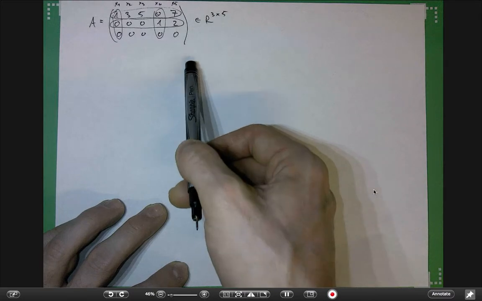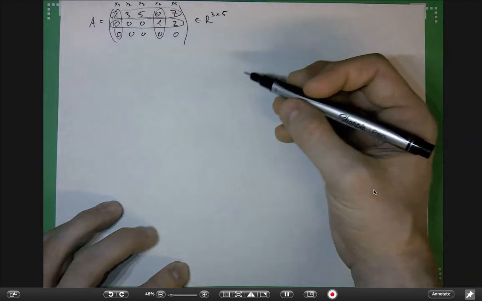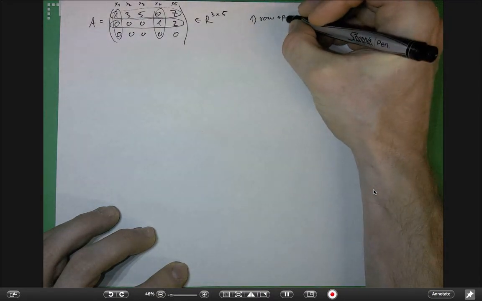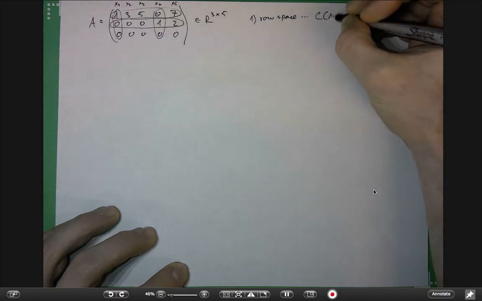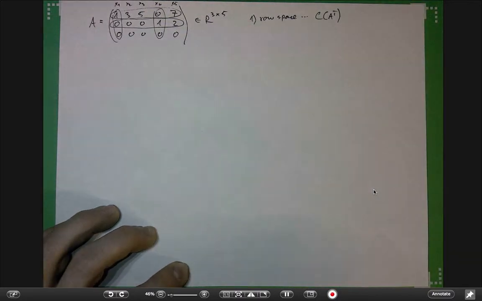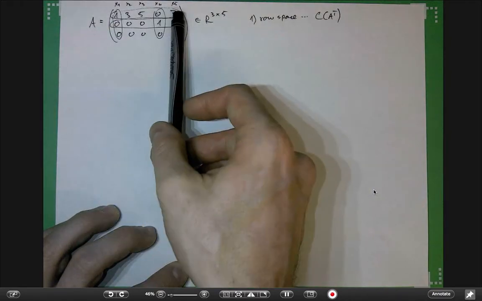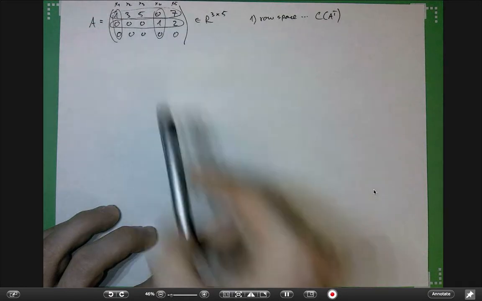So I already know this from the theory. So let's look at the row space first. Row space, which we denote as C(A^T). So the row space is simply linear combinations of these first 2 rows, right?